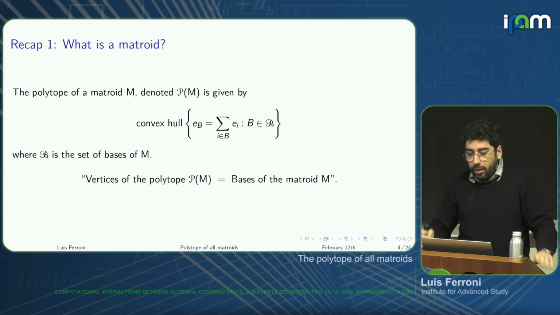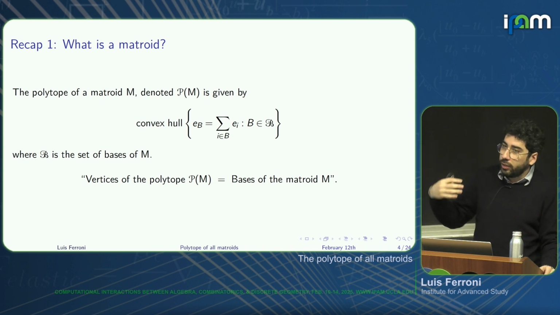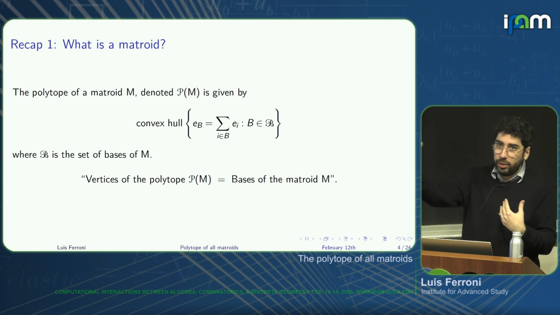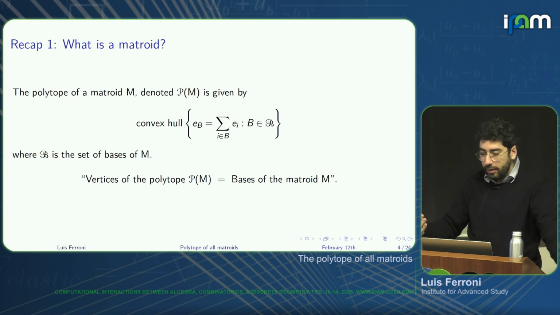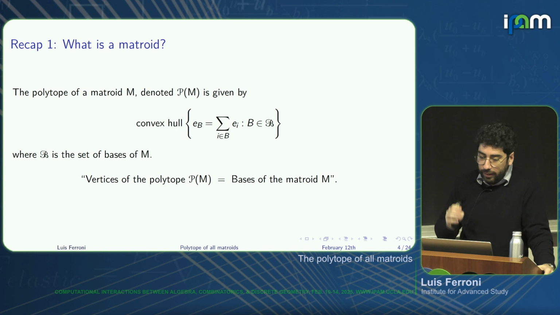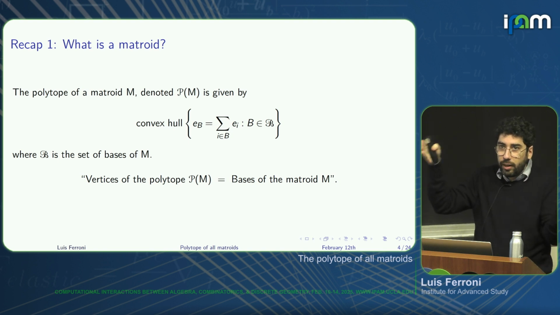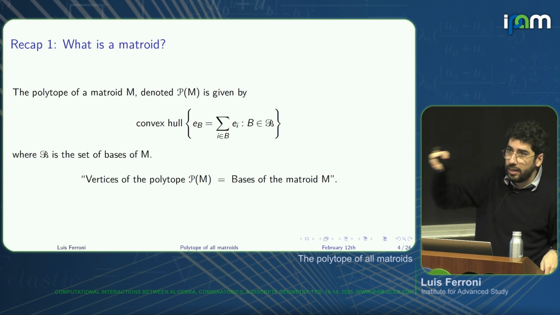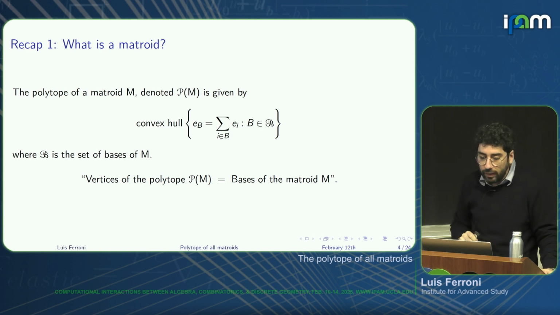One way of building the polytope out of the classical definition is as follows. You give me a matroid M, so you give me the ground set E and the collection B, and you consider the convex hull of all vectors e_B, where e_B is essentially zeros and ones according to whether the element i, denoting the ith coordinate, is or is not in the set B. Then you take the convex hull and you obtain the matroid polytope that I just mentioned.